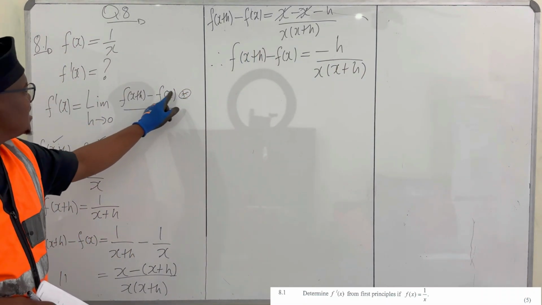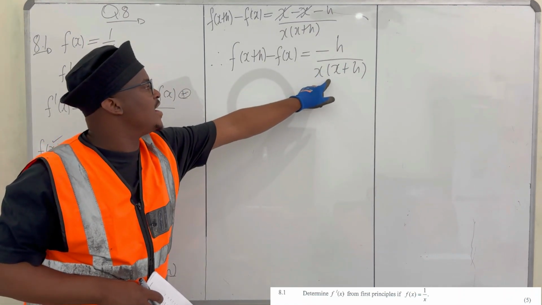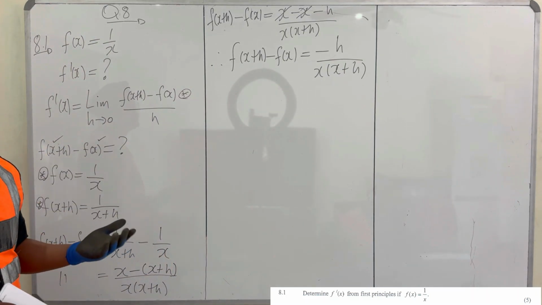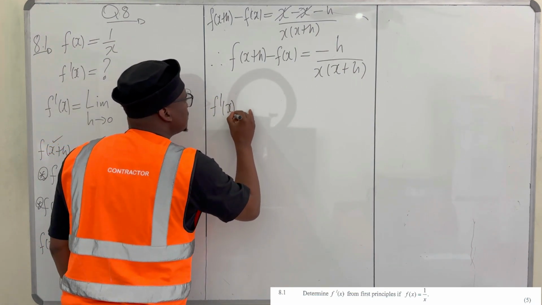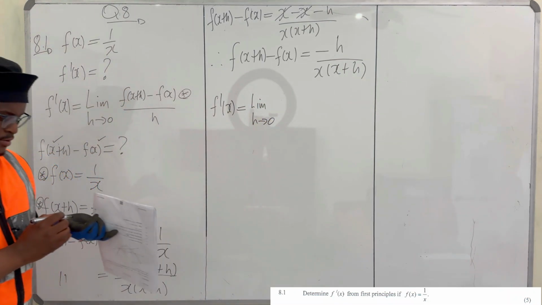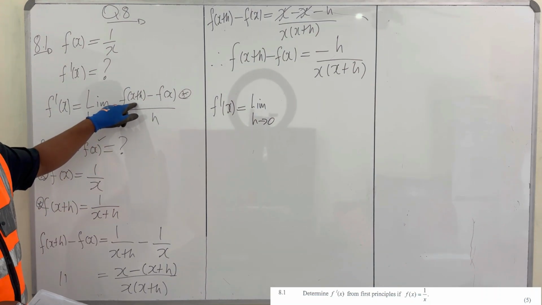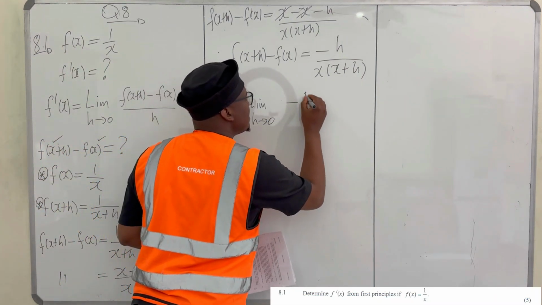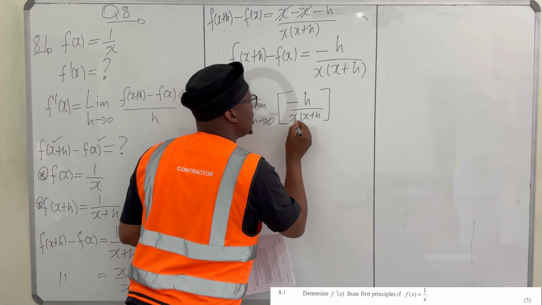So f prime of x is equal to the limit as h goes to 0 of f at x plus h minus f at x, and you have that difference to be equal to minus h all over x into x plus h. So what you see here is this.